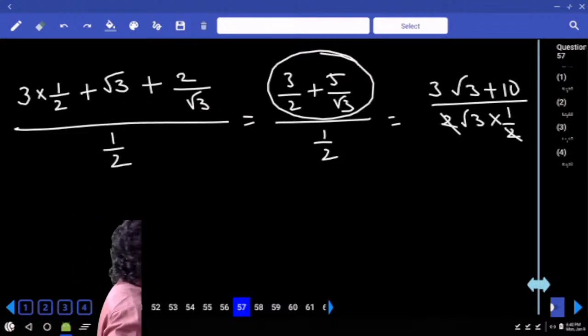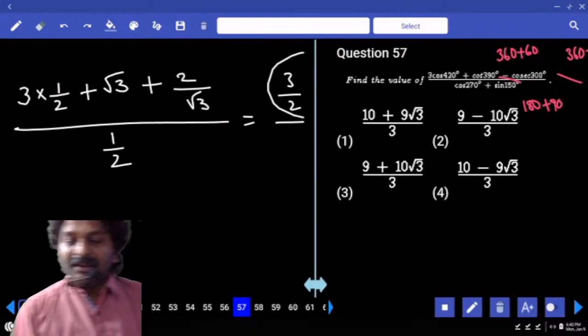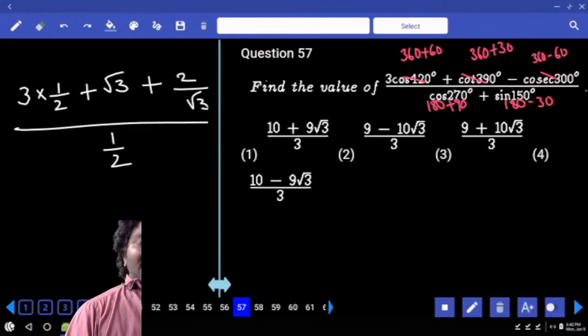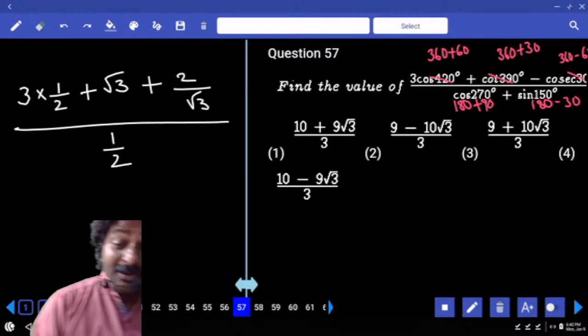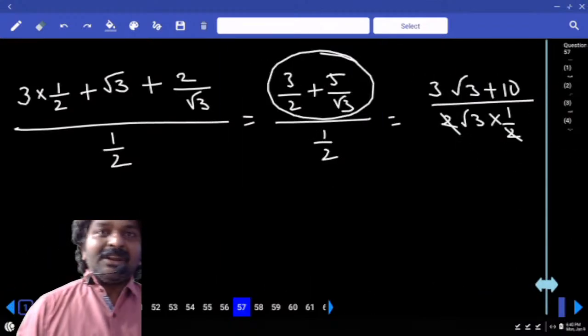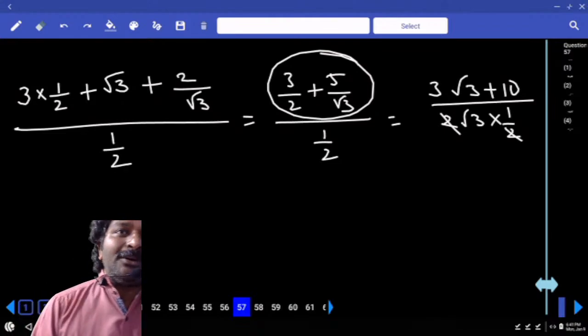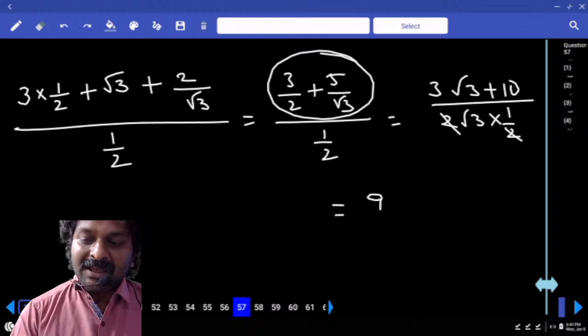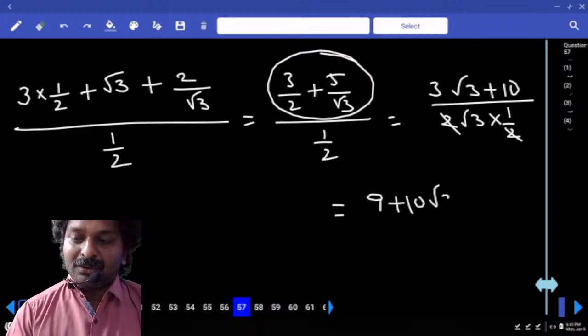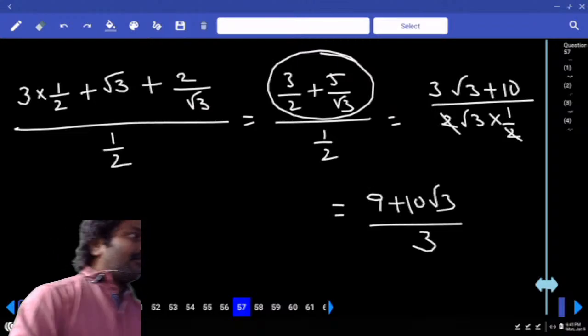Now look at your answer. In your answer, observe your denominator. What is your denominator? We have root 3. That means to make it 3 in the denominator, every number should be multiplied by root 3. That means 9 plus 10 root 3 by 3.